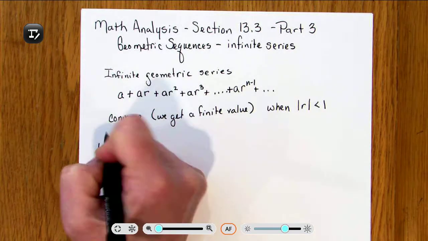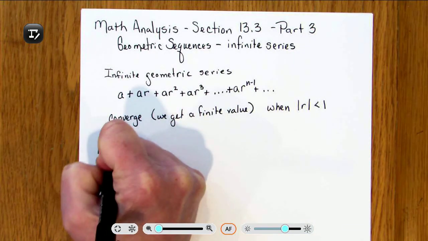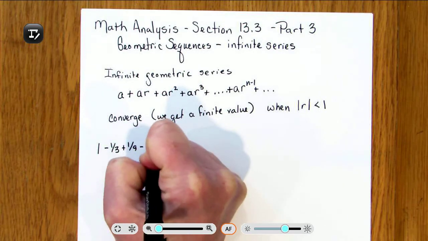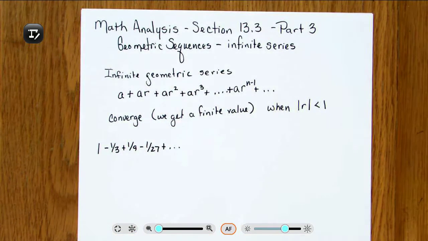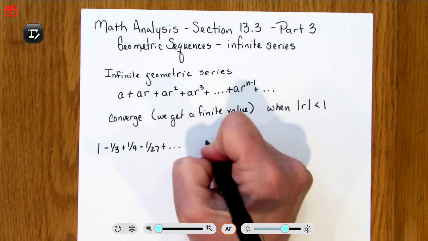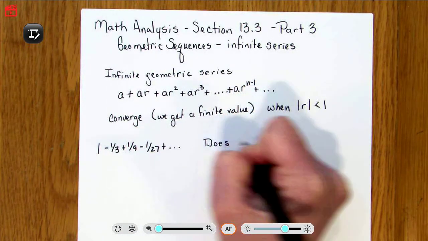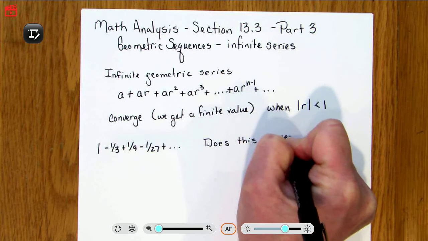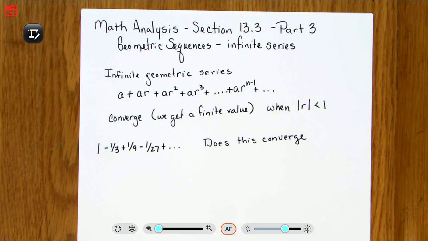So let's say I'm going to look at 1 minus a third plus a ninth minus 1/27th plus, and it continues. And I want to know, does this converge? Okay, so we are looking at an infinite series because we're adding up some stuff. For it to converge, first of all, it needs to be a geometric series or geometric sequence.